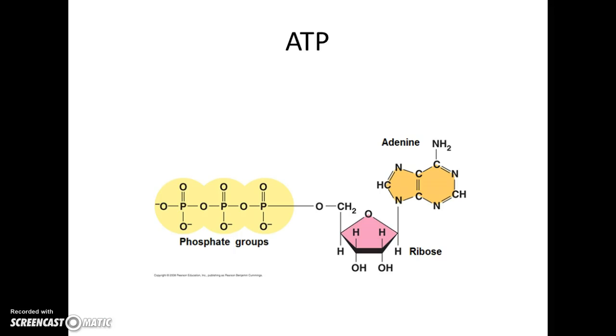Most energy coupling in cells is mediated by ATP, which is what we see in front of us. ATP, or adenosine triphosphate, is the cell's energy shuttle. It is composed of a ribose, which we talked about as a sugar, adenine, a nitrogenous base, and three phosphate groups. The bonds between the phosphate groups of ATP's tail can be broken by hydrolysis.